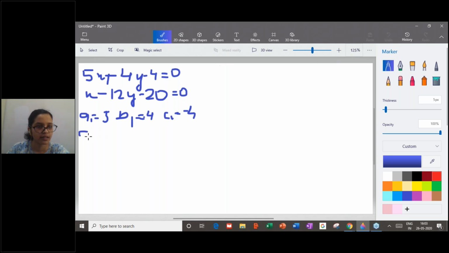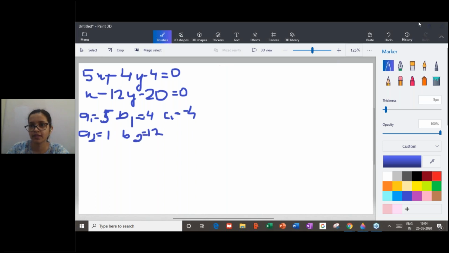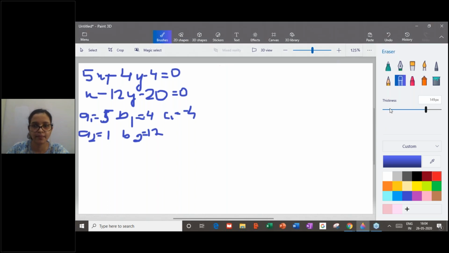Correct? a2 is 1, b2 is minus 12. Oops, I forgot to add the minus sign. Yeah, b2 is minus 12 and c2 is minus 20.